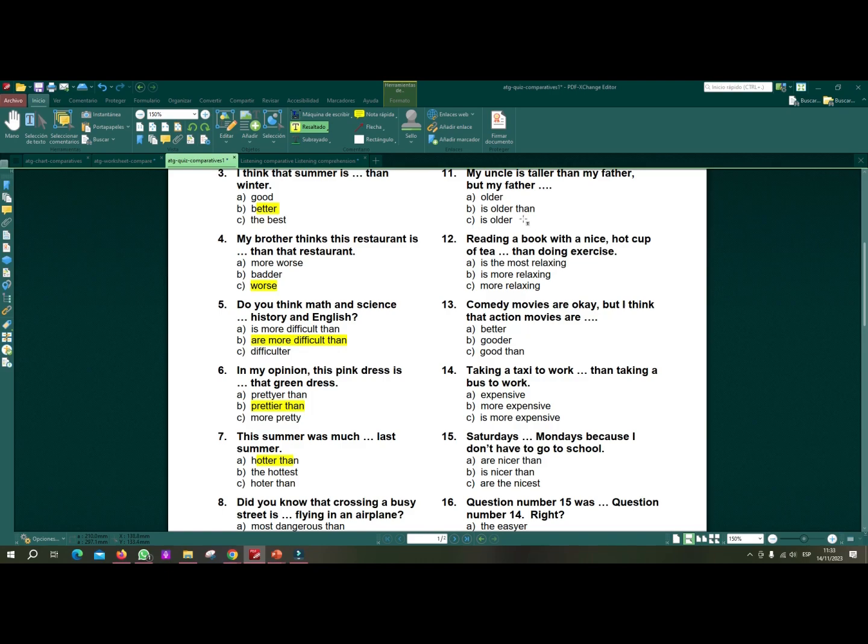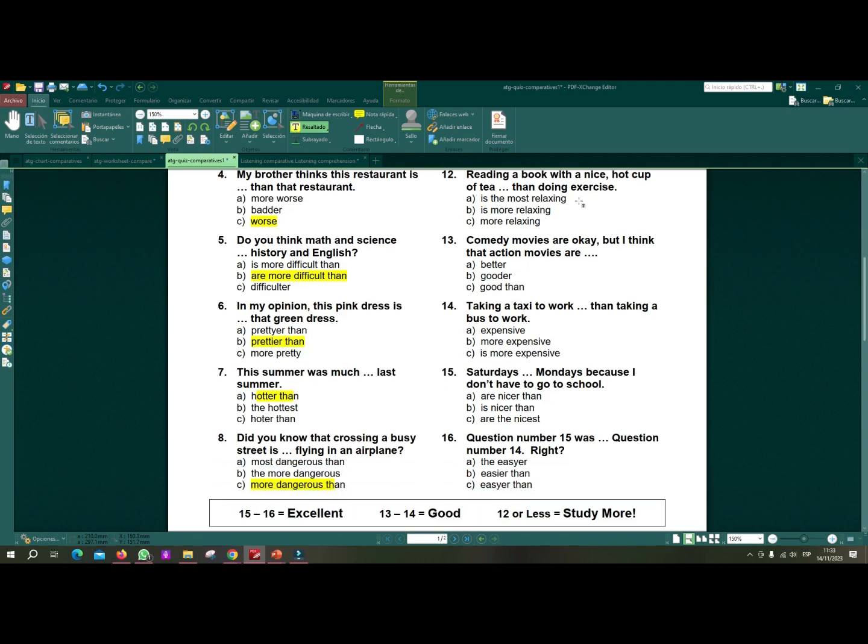Yes? C, letter C, yes. So, but my father is older. Okay, nice. Let's see. 12. Reading a book with a nice hot cup of tea that doing exercise, right?